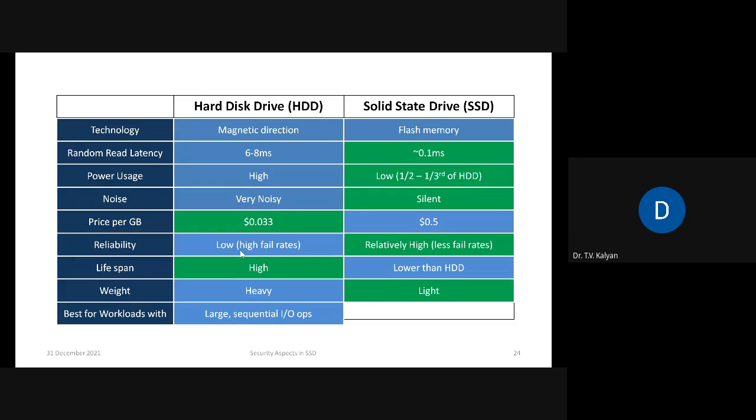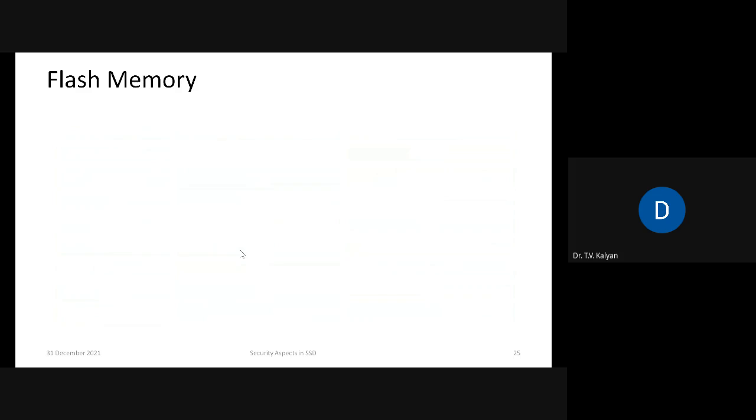And what type of workloads we need to look at to decide on HDD and SSD: HDDs are very good for large workloads which have sequential input-output operations, and SSDs are good for small random input-output operations. Right? SSDs are primarily based on flash memory technology.